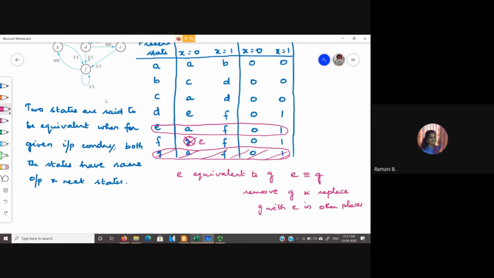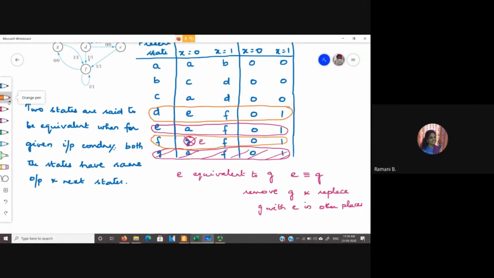Now comparing again, we can see that these two, D and F, are equivalent, as both have states E and F as the next state and 0 and 1 as the outputs for x equal to 0 and x equal to 1 respectively.